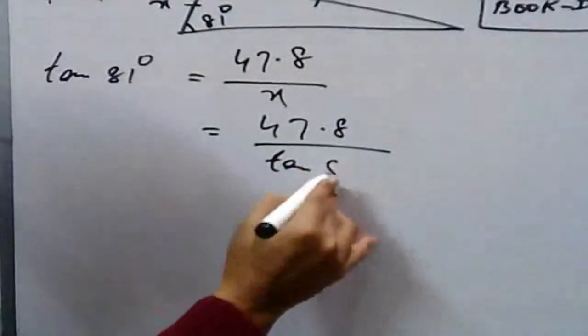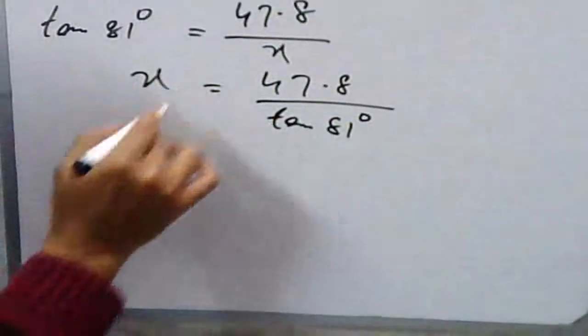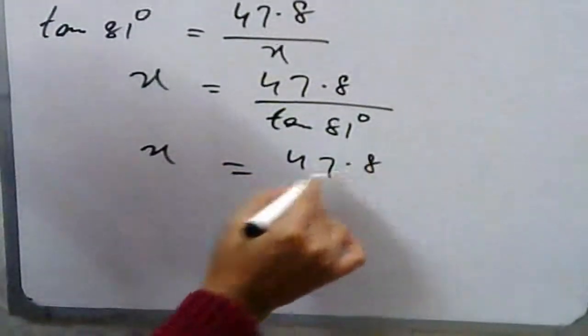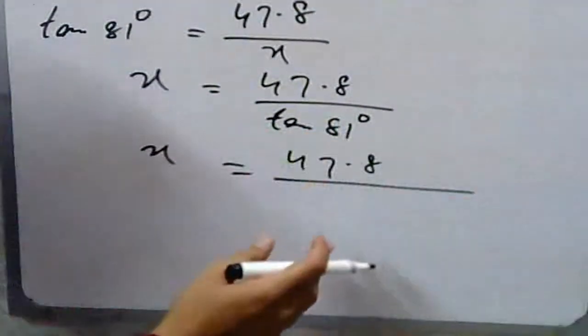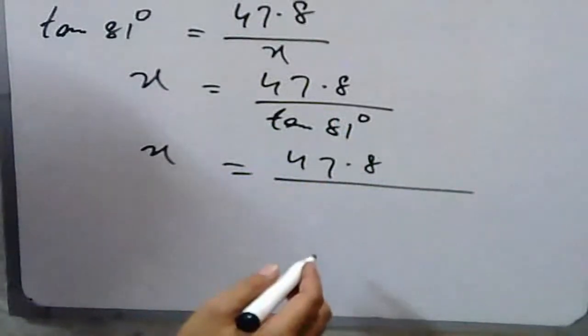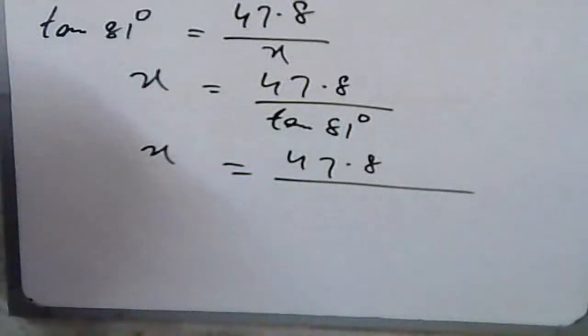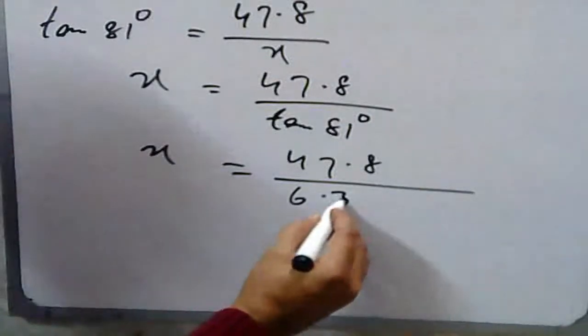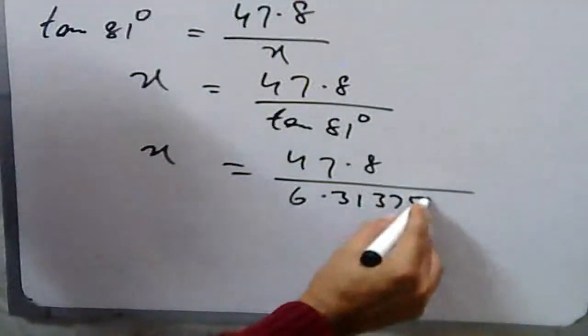Only by using calculator, tan 81 gives you 6.3137511515.